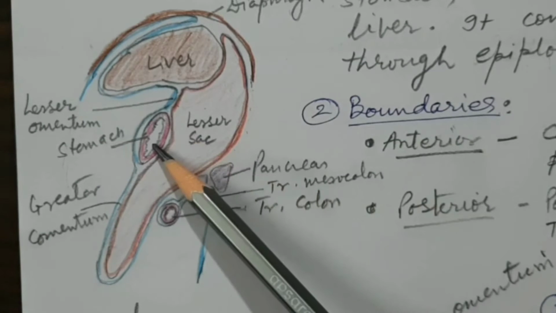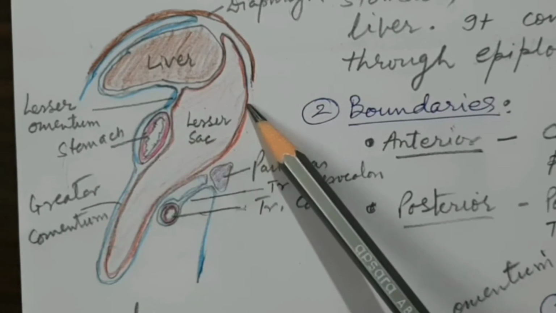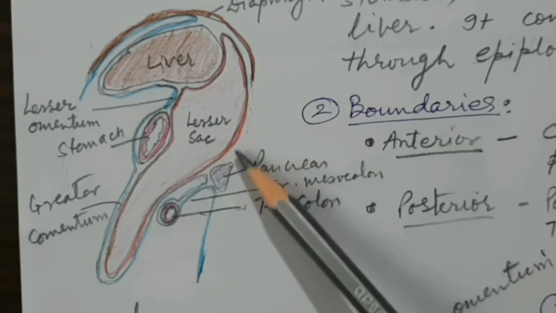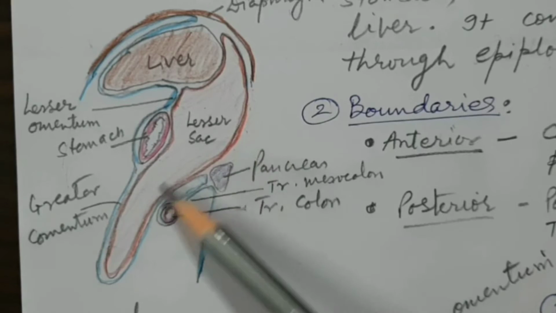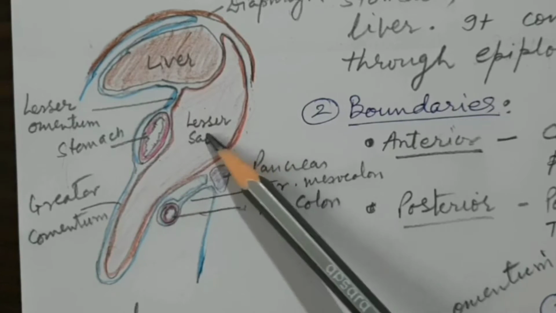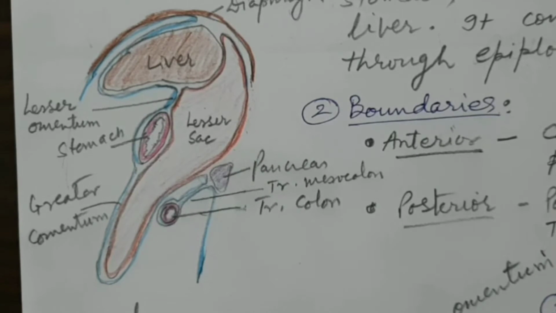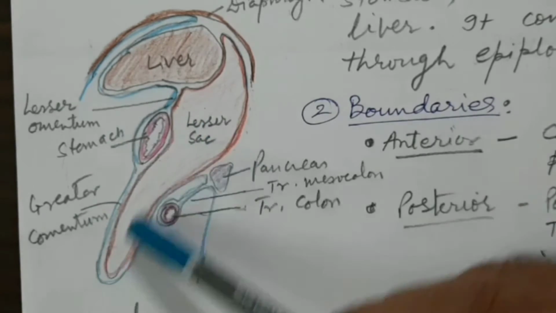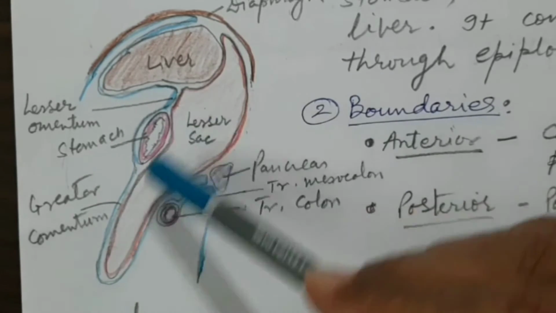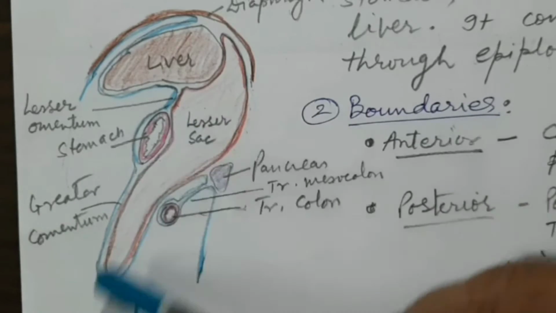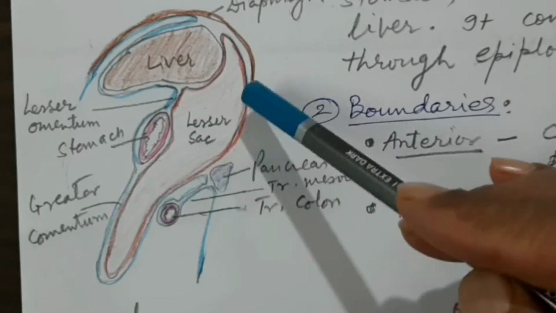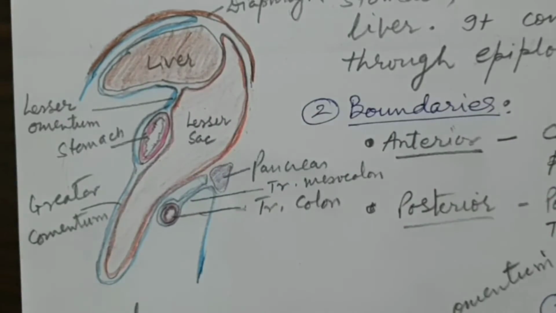Intervening between the posterior surface of the stomach and the structures on the posterior abdominal wall, they are separated from each other by the presence of this bursa, the omental bursa, or the lesser sac, so that the movements of viscera, say for example the stomach, can take place over structures which are fixed in the posterior wall of the abdomen.